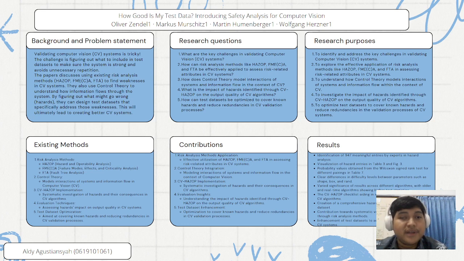The paper discusses using existing risk analysis methods, HAZOP, FMEA, FTA, to find weaknesses in computer vision systems. They also use control theory to understand how information flows through the system. By figuring out what might go wrong, they can design test datasets that specifically address those weaknesses.